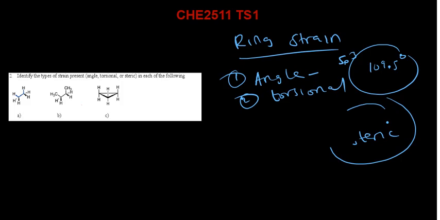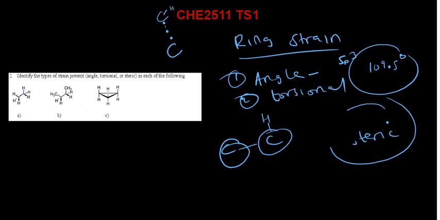Let's say we put a carbon atom here, and we also have a carbon atom here. Let's see how I can explain it simply. You have this carbon, and then this is another carbon at the back. This carbon has a hydrogen, and the carbon at the back has a hydrogen.